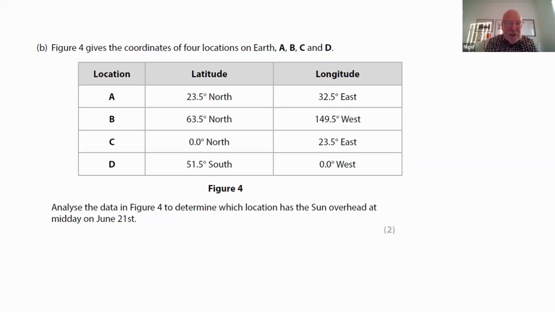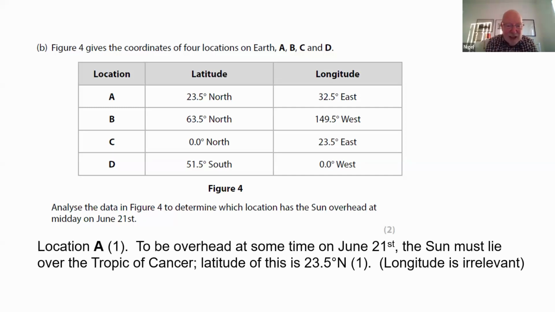So June the 21st is the summer solstice. The sun doesn't really set for very long on June the 21st, even at these latitudes. So it's nothing to do with longitude, this one. And I think, and Alastair might like to reveal, the answer is A. There we go.